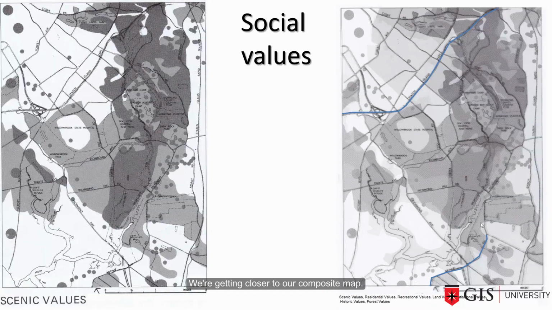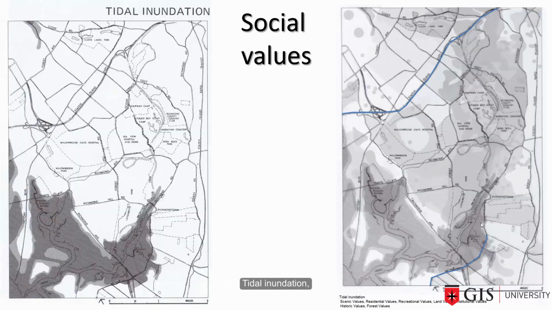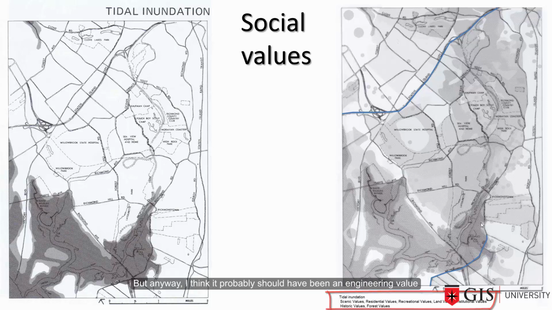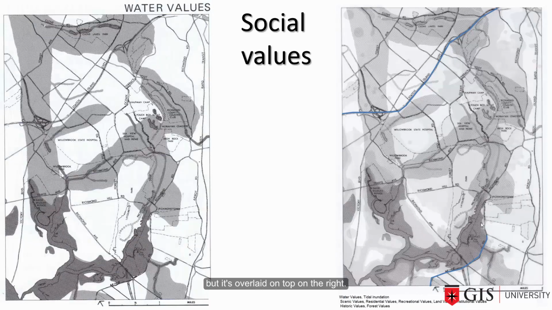We're getting closer to our composite map. Scenic values in 3 shades on the left, overlaid on the right. Tidal inundation. I'm not sure why this is a social value, but anyway, I think it probably should have been an engineering value. But it's overlaid on top on the right. Water values, well, arguably a social value.